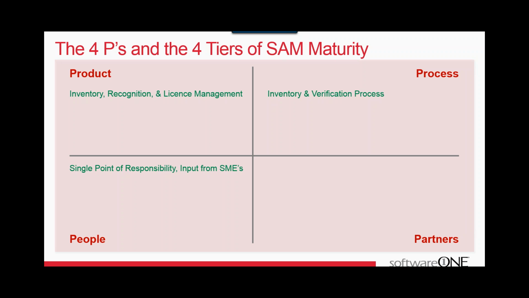The key here as well is that single point of responsibility is very unlikely to be all-knowing in all vendors and all areas of software licensing. So it's key for them to understand where are their subject matter experts, who do we need to pull in, and are they on the infrastructure team? Are they on the software deployment team? And that's the kind of key. The Microsoft experts, Oracle experts, Adobe, all the different areas, we get those in place and document them.